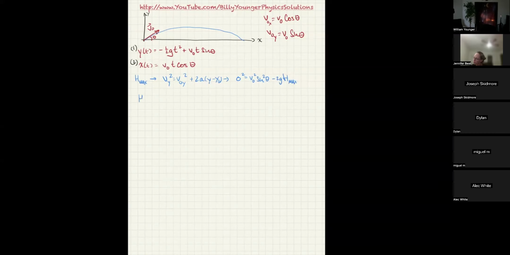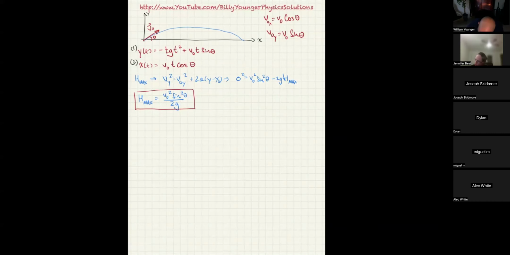So h max is equal to v0 squared sine squared theta over 2g. So that's a general formula for h max.